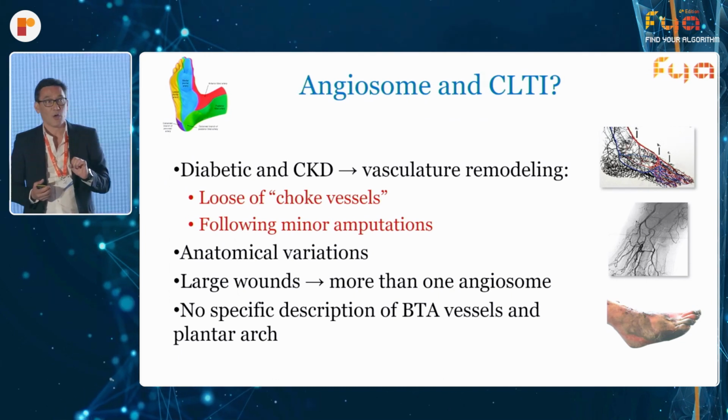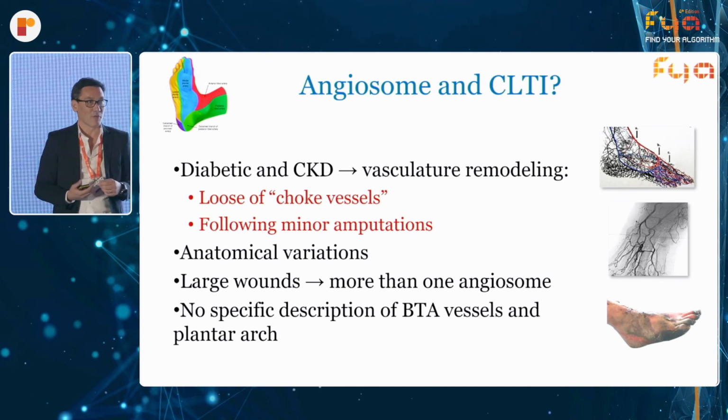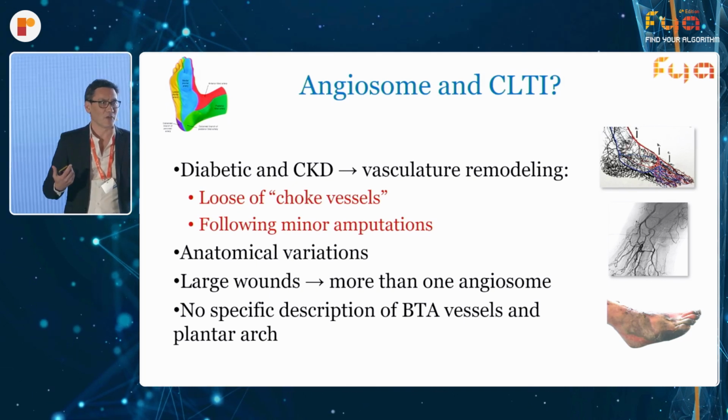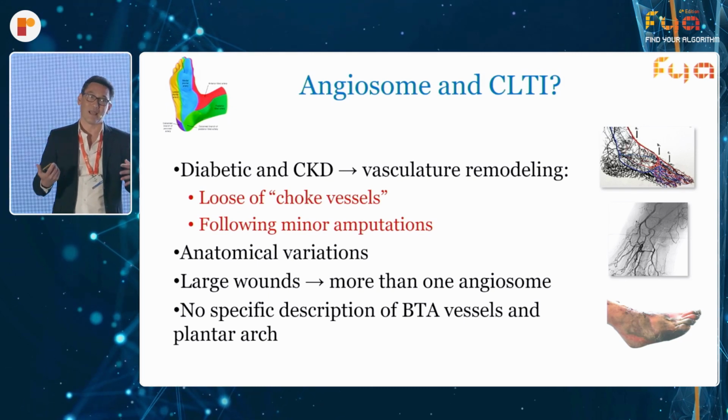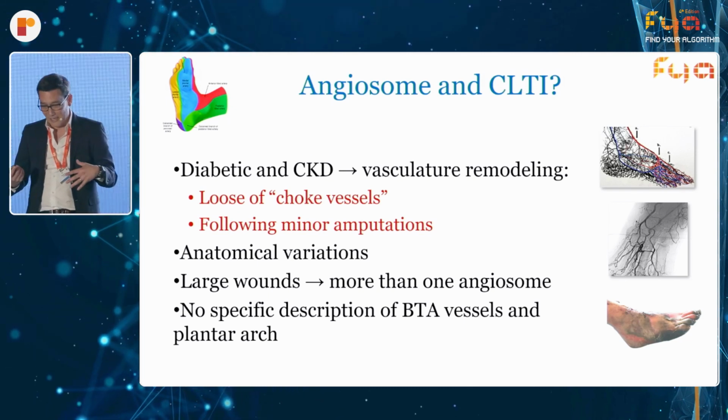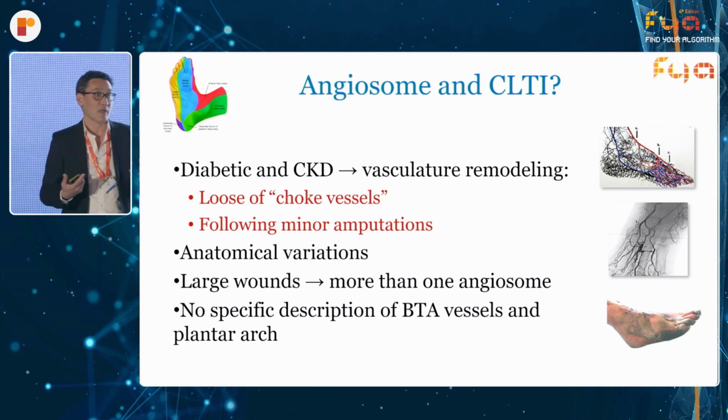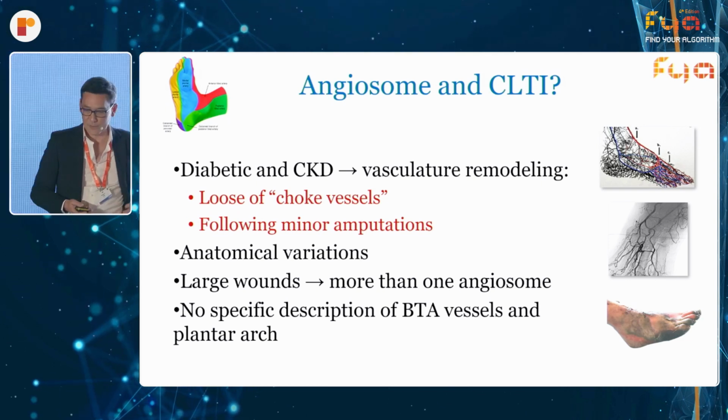Also, as you're aware, we have a lot of anatomical variations at the level of the foot, and this doesn't follow the angiosome concept well. And finally, large wounds usually involve different angiosomes.